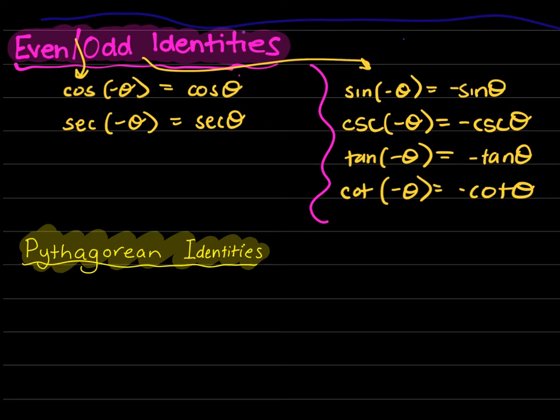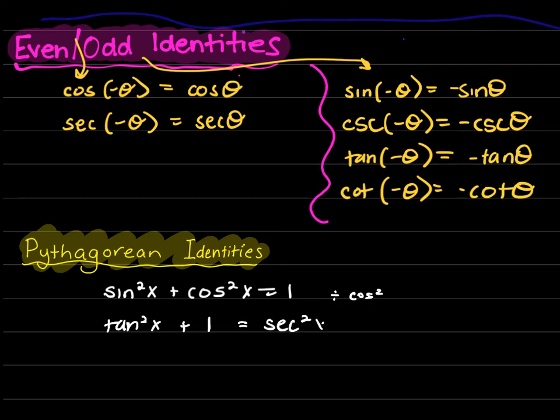Then came the Pythagorean identities. So the one we know the best is sine squared x plus cosine squared x equals 1. If I divide them all by cosine squared, I get the next one, which is tangent squared x plus 1 equals secant squared x.